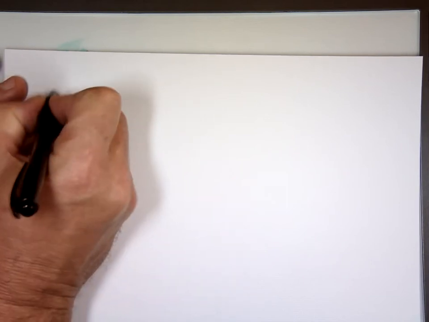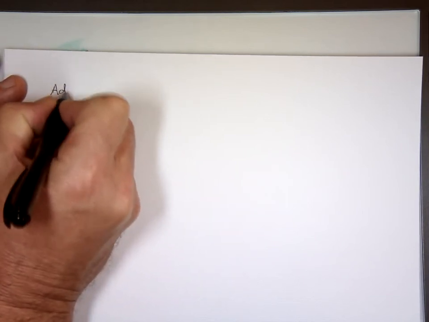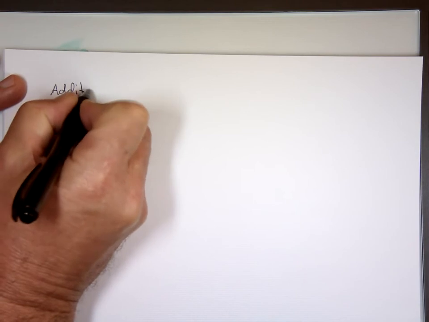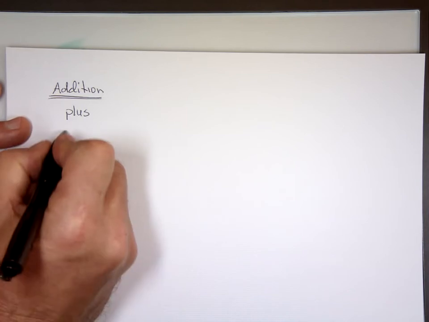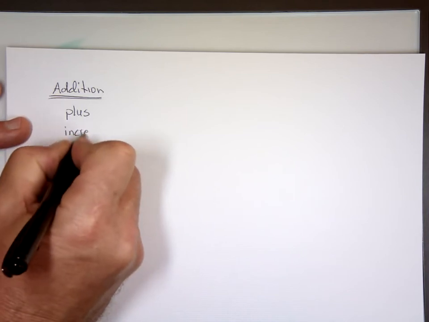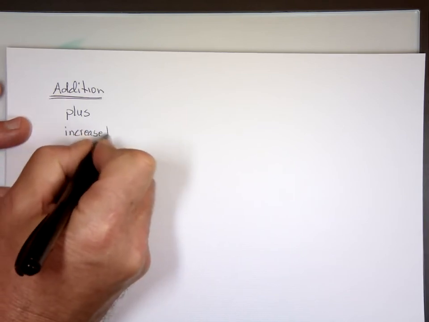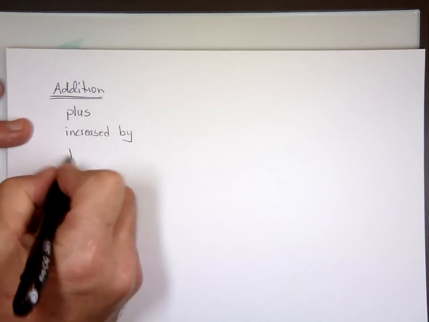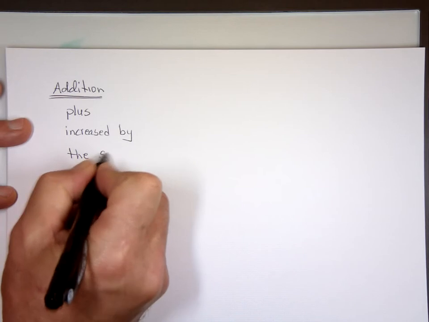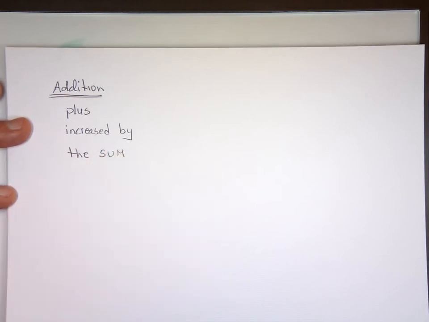If you hear these words, all of these indicate we have addition. You might hear the word plus, increased, increased by, the sum. You hear the word sum, it means addition.